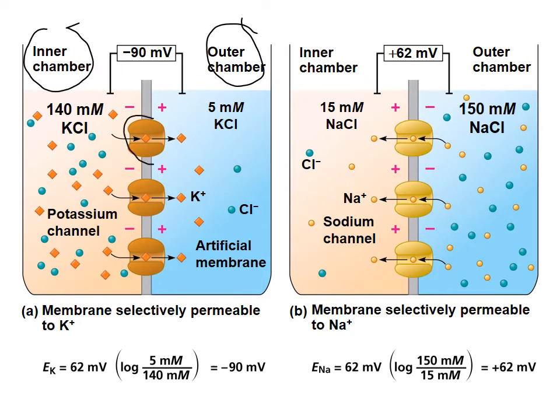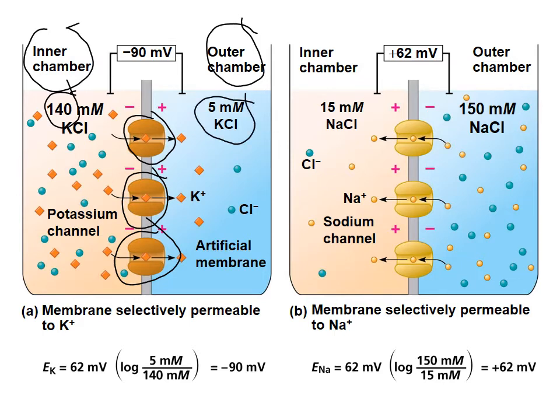We have these nice channels, these are the potassium channels. Inside we have a lot of chloride ions and a lot of potassium ions. So it's potassium chloride, and it's 140 millimolar. Outside in the interstitial fluid, it's only 5 millimolar, and you want to keep that.